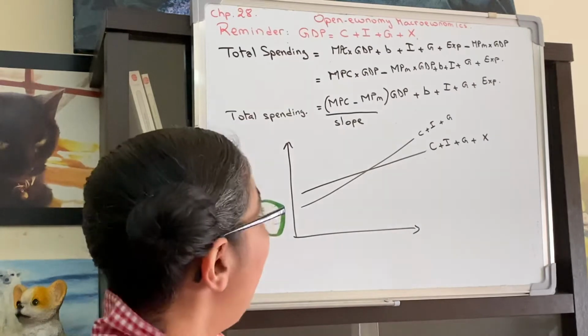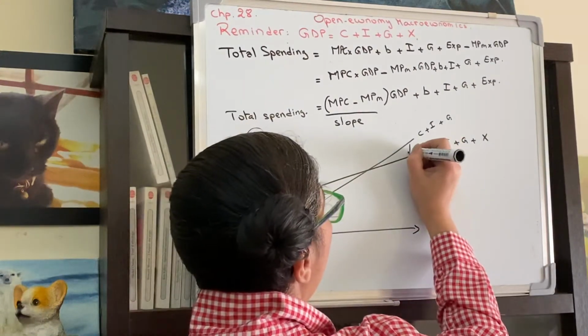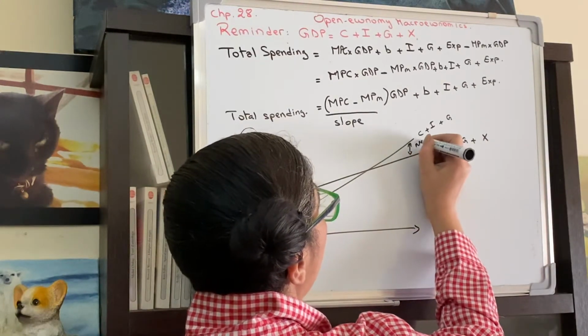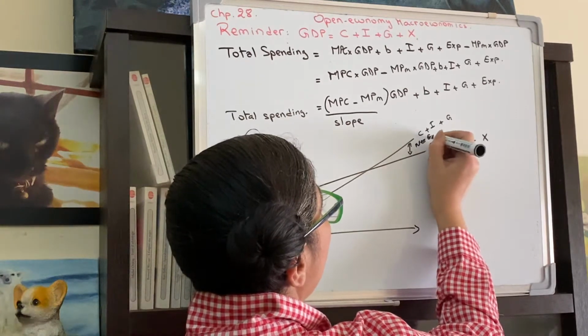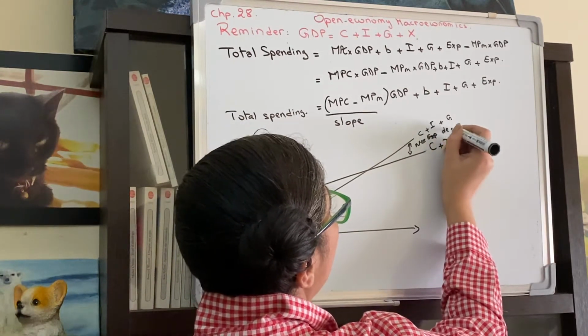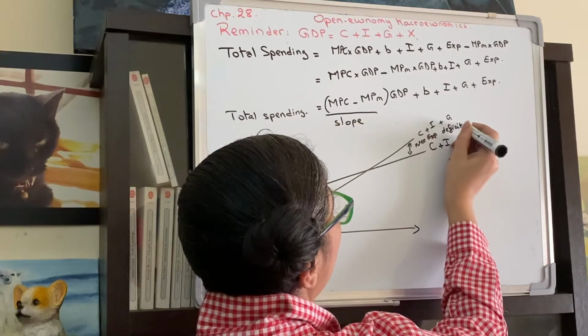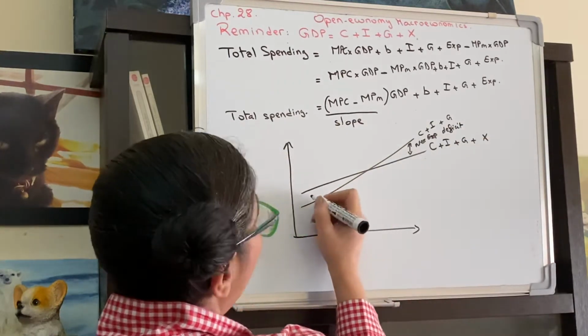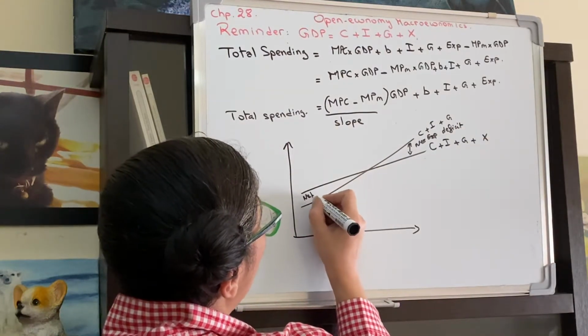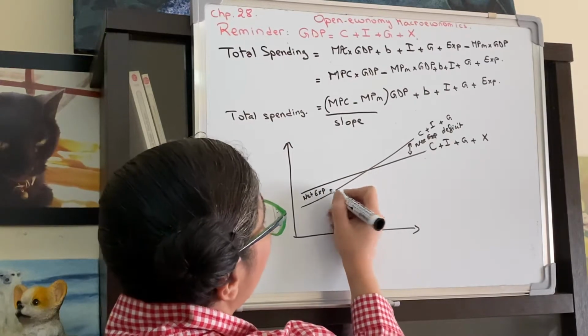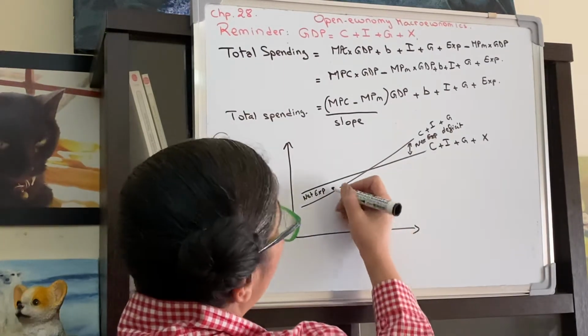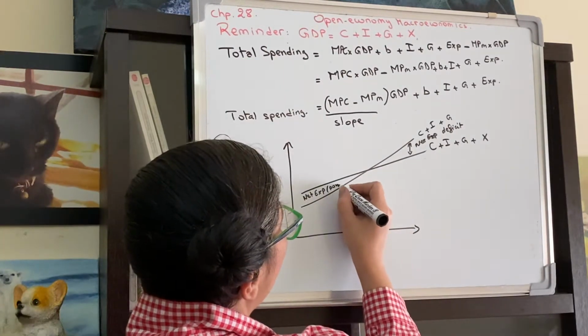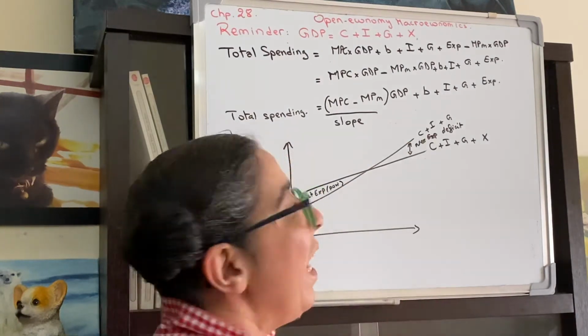Okay? What do you have in here? Net export deficit. Okay? In here it would be net export, well, positive. Okay, guys?